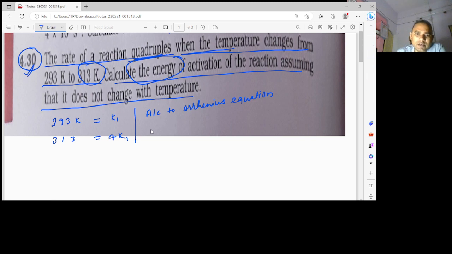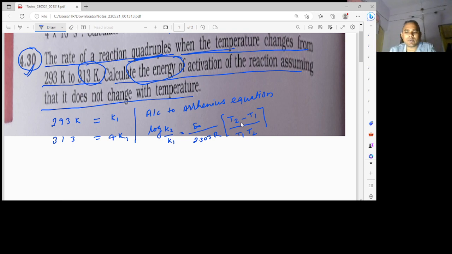When you write the Arrhenius equation, it is log K2 upon K1 equal to the activation energy Ea divided by 2.303 R, and in the bracket T2 minus T1 divided by T1 T2. This is the expression.